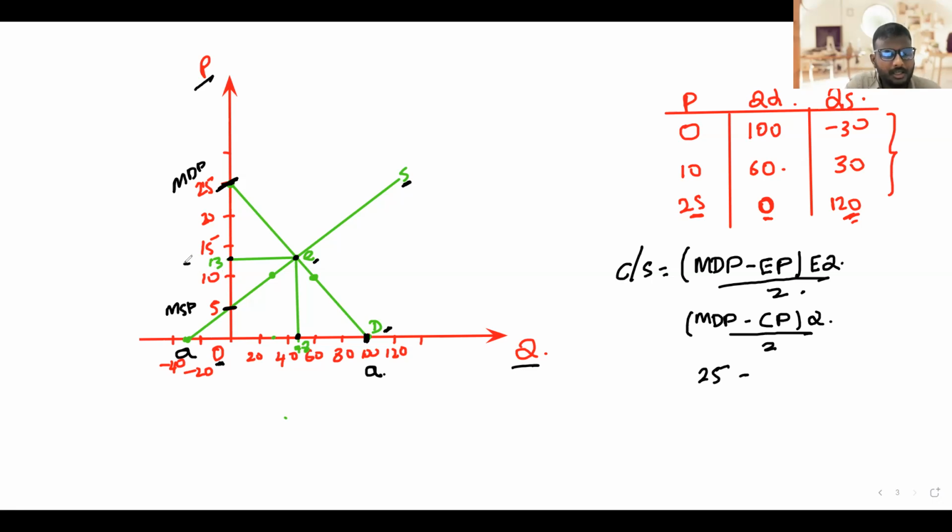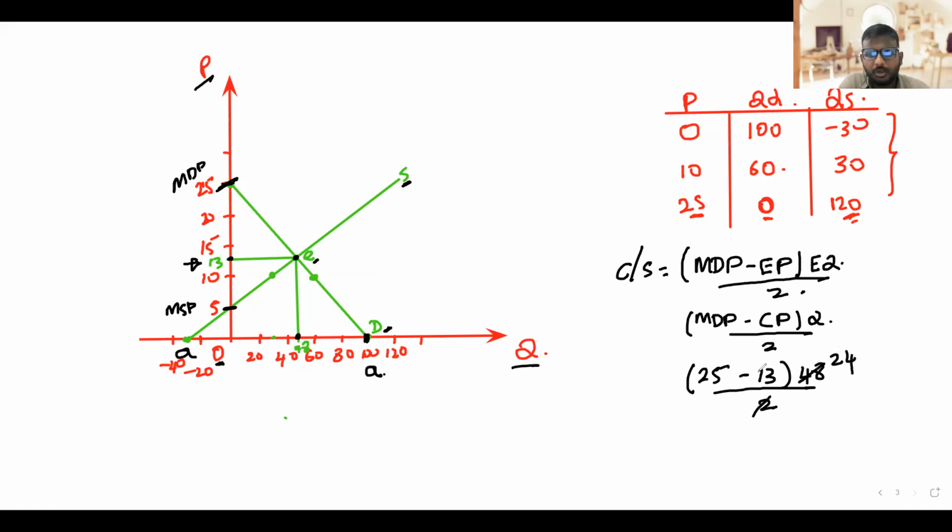Consumer is paying 13 rupee at equilibrium. So 13 rupee is the equilibrium price, or the price the consumer pays at equilibrium. Multiplied by what is the quantity the consumer is buying at equilibrium? Consumer is buying 48 units divided by 2. Your answer would be how much?